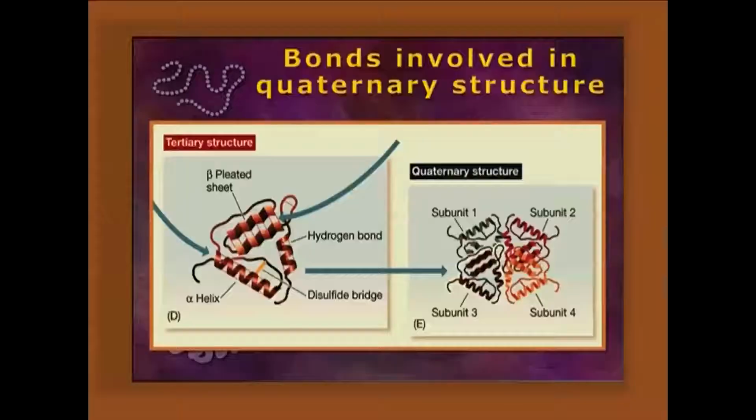Bonds involved are like the tertiary structure; in quaternary structure, disulfide interaction and ionic salt bridge interaction between the NH3 plus of lysine and the COO minus of aspartic acid of the two domains are found in hemoglobin integrity. Hydrogen bond, hydrophobic interaction and van der Waals interaction, all of these interactions are found in the case of quaternary structure. Now, prediction of the quaternary structure.